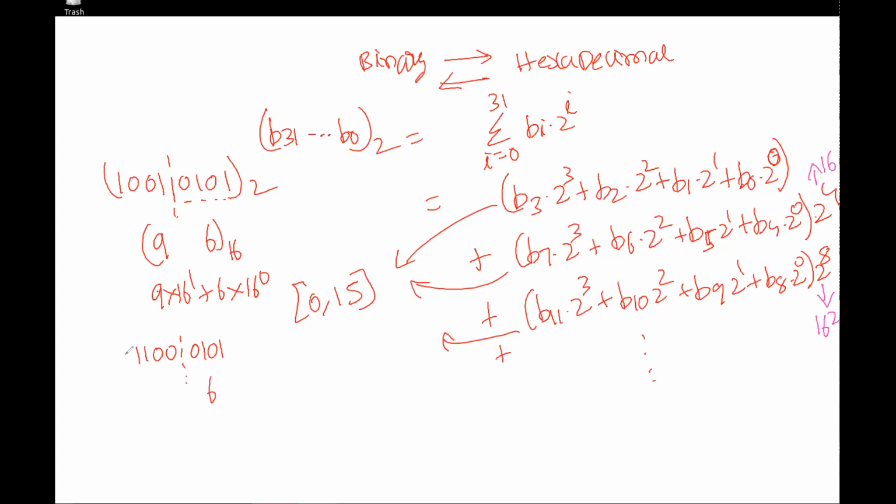What is 12? 10 is A, 11 is B, 12 is C. So C6 to the base 16. Its value is C times 16 power 1 plus 6 times 16 power 0. And these two values are exactly the same.